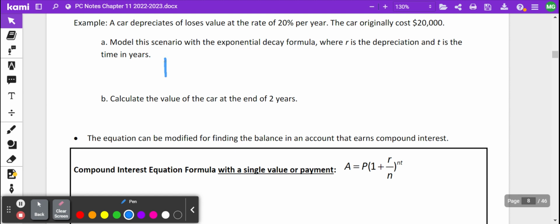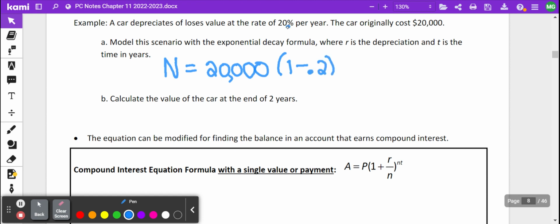In other words, the value of the car now or after a certain number of years will be $20,000 times 1, and now because it's decay, we will subtract 0.2. Now, where did I get that 0.2 from?